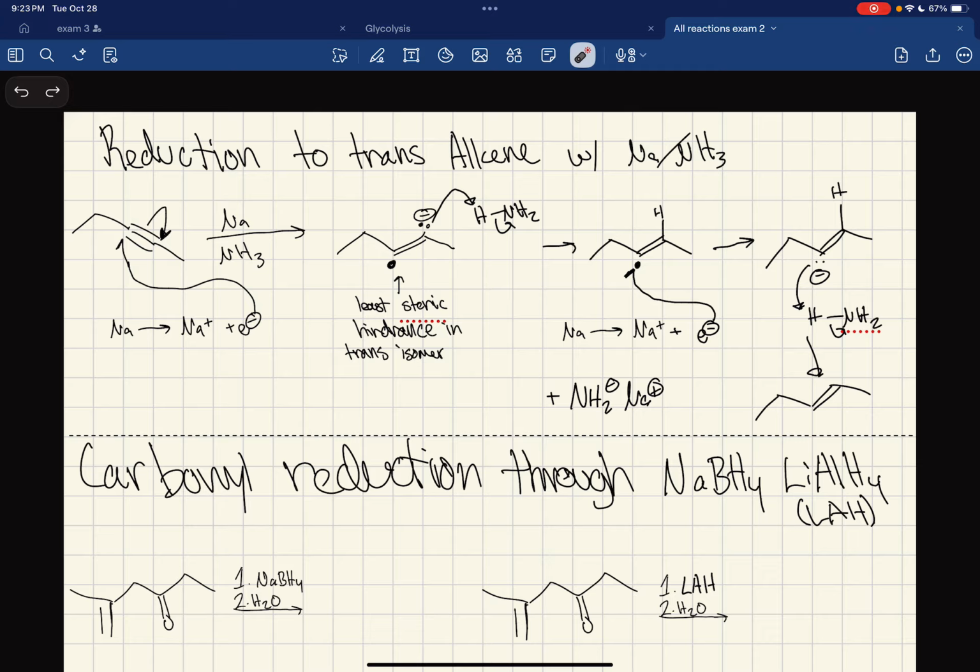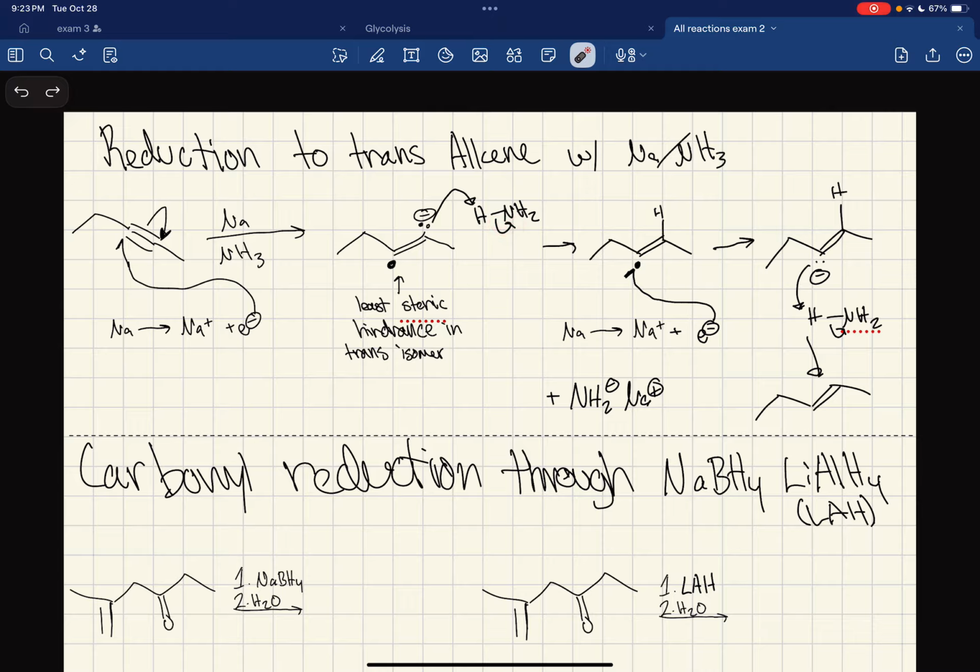I don't know if you guys talked about this, but typically when you're doing this type of mechanism with one electron, not a pair, you draw your arrow with half an arrow. And it's going to attack one of the carbons, and then both of those electrons are going to come and do that. So now this is the more negatively charged side, and it's going to come over here and deprotonate your solvent.